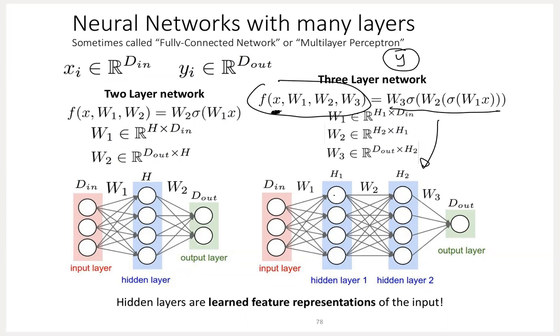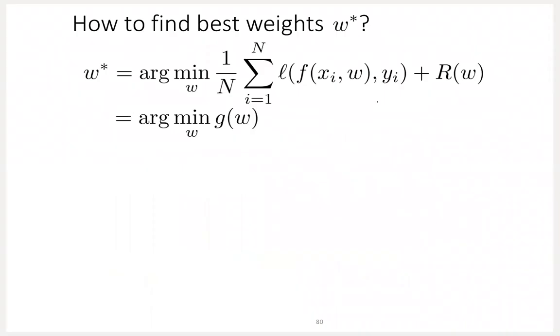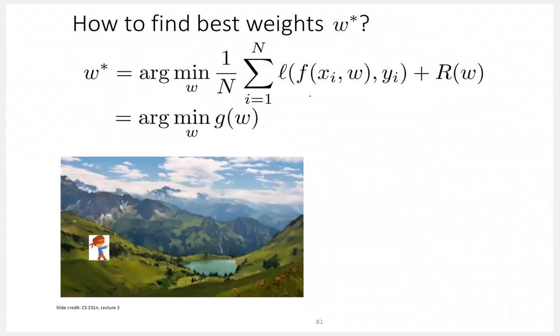So I can define some loss function that should be close to zero, and therefore I try to minimize it with respect to W1, W2, W3, and so on. Let's just rewrite this as a simple function G of W. We're just trying to find the minimum W.